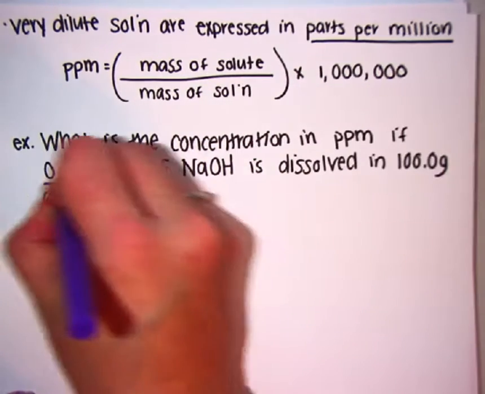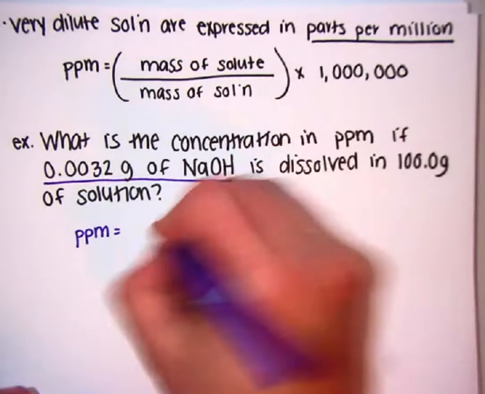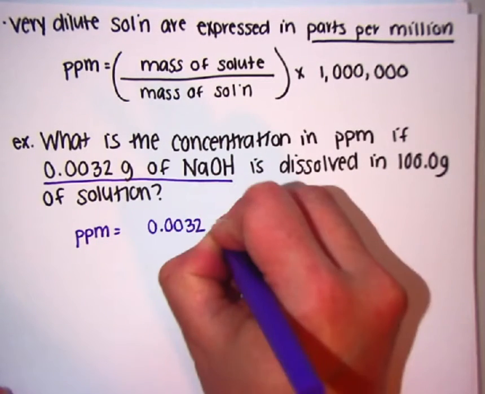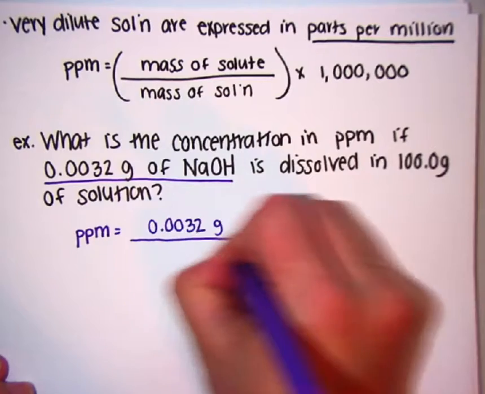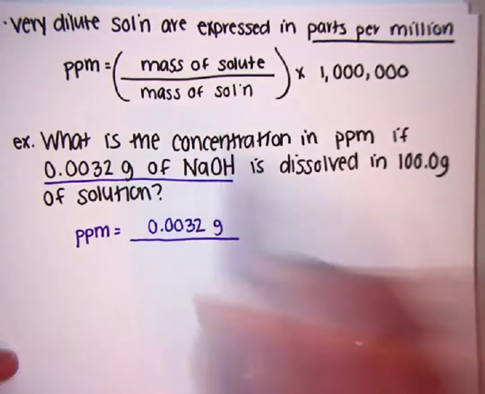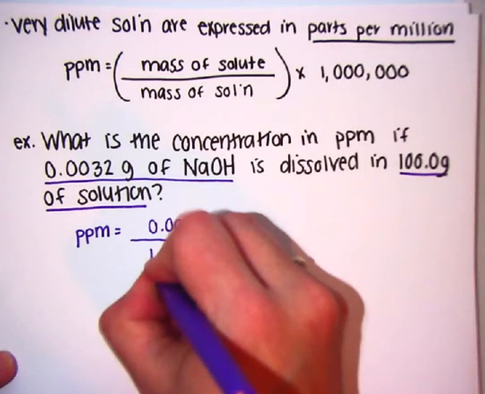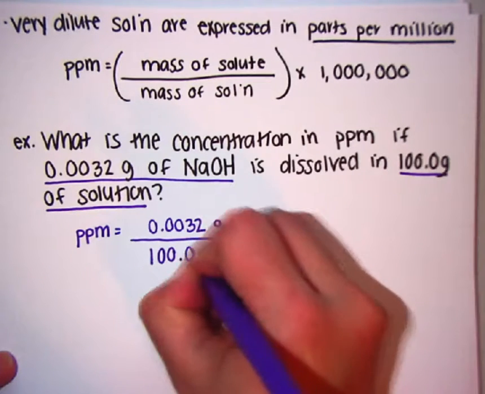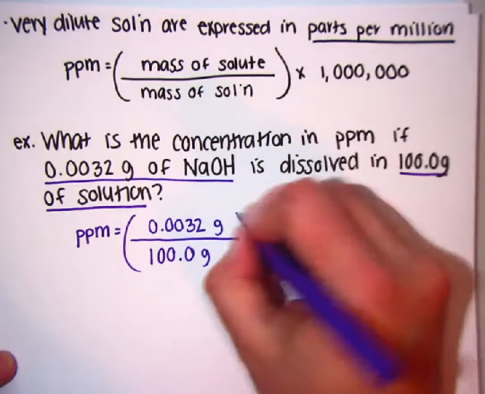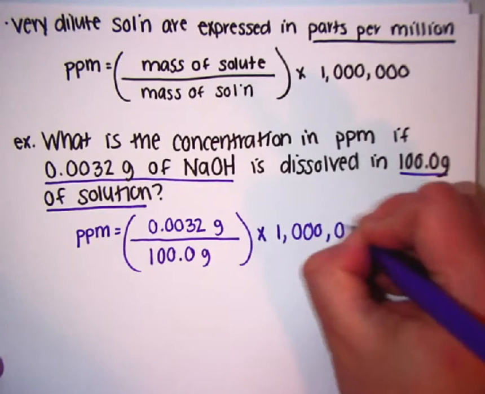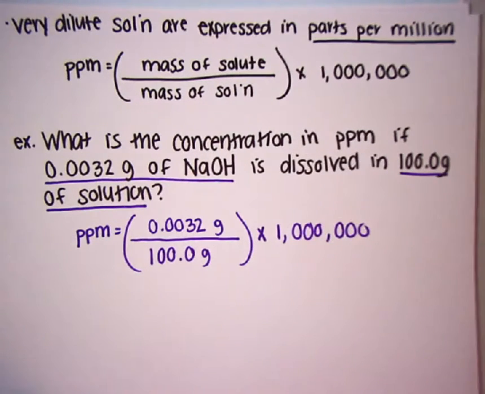The solute is whatever is being dissolved. 0.0032 grams of sodium hydroxide is being dissolved all over the mass of solution. I have 100 grams of solution. And then let's multiply by 1 million.